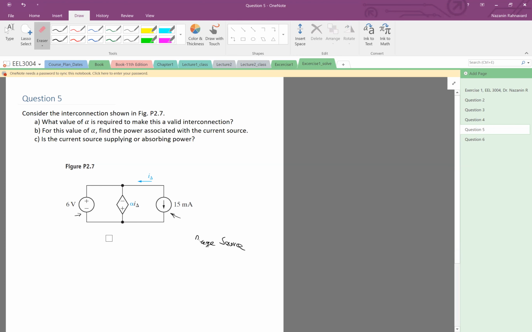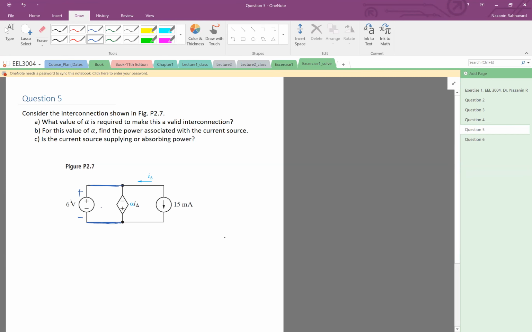Let's clear this. I have a 6 volt source here, plus minus 6 volt, and this is exactly parallel to this.